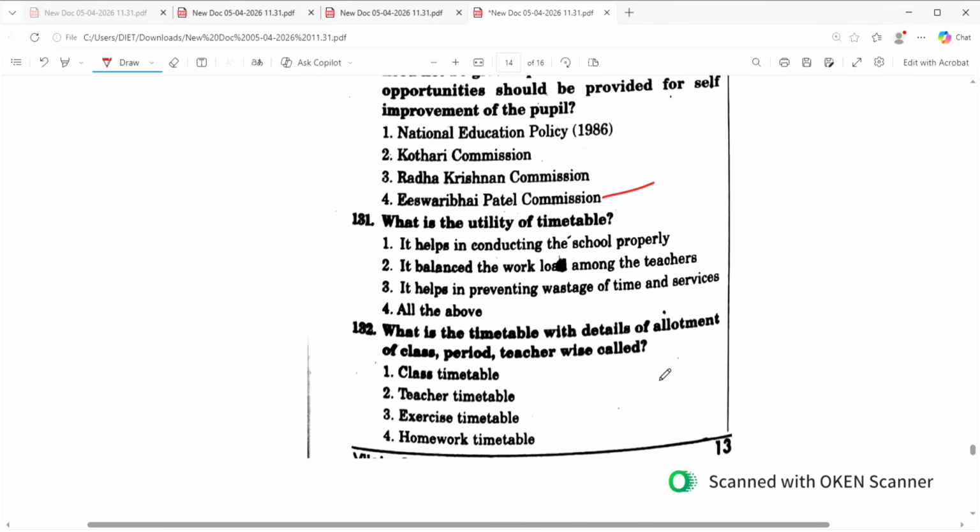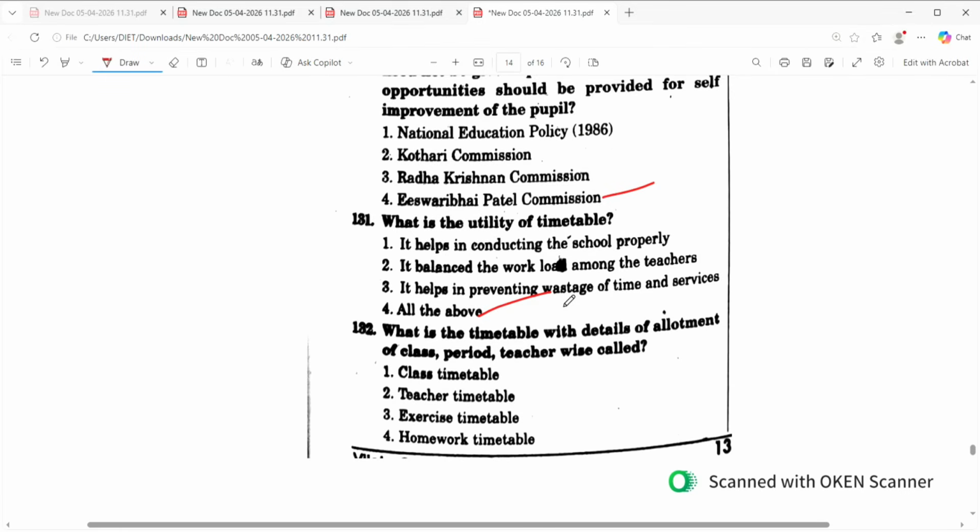What is the utility of timetable? Right? Conducting school properly, workload, preventing waste of time and stress. What is the timetable with details of allotment of class, period, teacher called? Class timetable, teacher timetable, exam timetable. Right? It is 132.